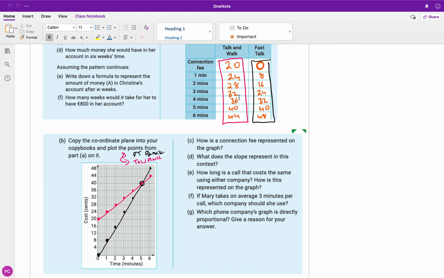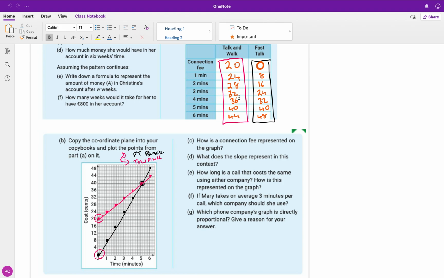How is the connection fee represented on the graph? Okay, so the connection fee is always at the start. So our Fast Talk had no connection fee and our Talk and Walk had the 20 cent connection fee. Basically, we were asked what the y-intercept was, and now we're given a graph and asked what it represents.